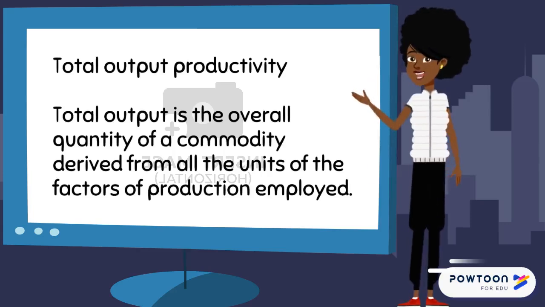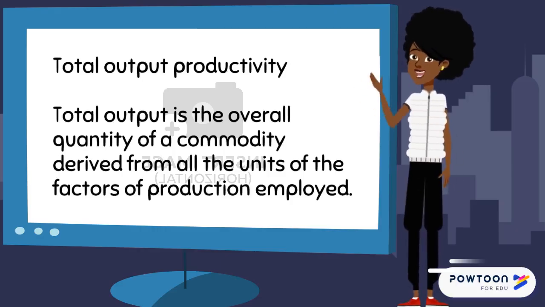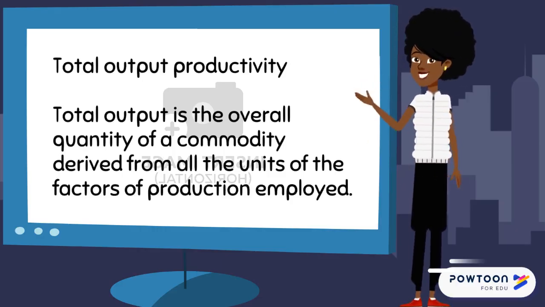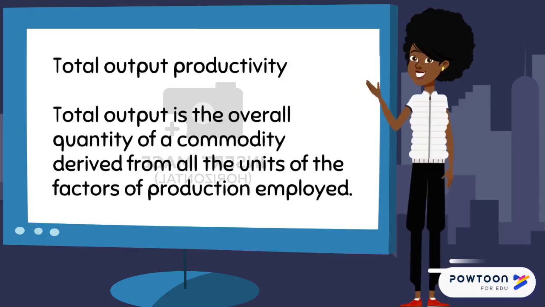Now let's discuss total output productivity. Total output is the overall quantity of a commodity derived from all the units of the factors of production employed.